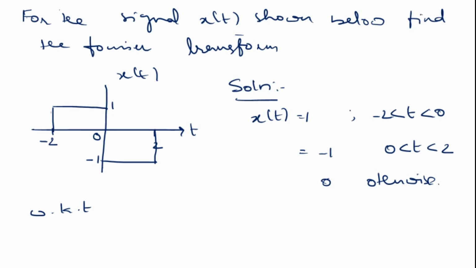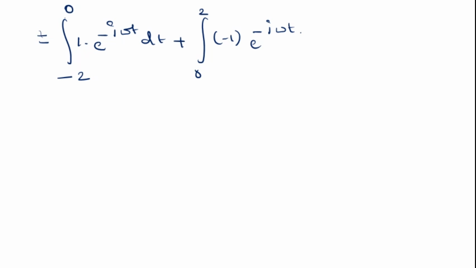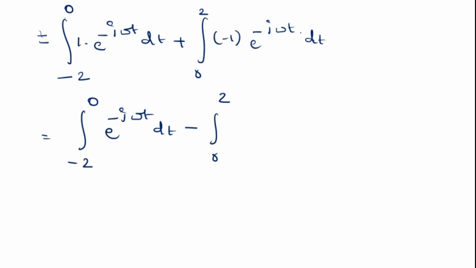We know that X of j omega is equal to integration minus infinity to infinity x of t into e power minus j omega t into dt, which is equal to integration minus 2 to 0, 1 into e power minus j omega t into dt plus integration 0 to 2, minus 1 into e power minus j omega t into dt, which is equal to integration minus 2 to 0 e power minus j omega t into dt minus integration 0 to 2 e power minus j omega t into dt.